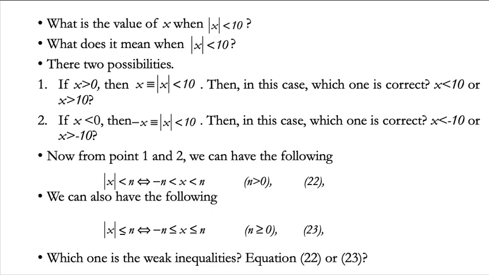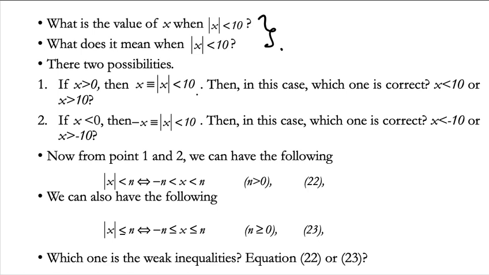So what is the value of x when the absolute value of x is less than 10? What does it mean, yeah? When the absolute value of x is actually less than 10. Now, in this question we have two possibilities to look at and analyze. Number one, if x is positive, then that means x is actually equal to the absolute value of x, and it has to be less than positive 10.